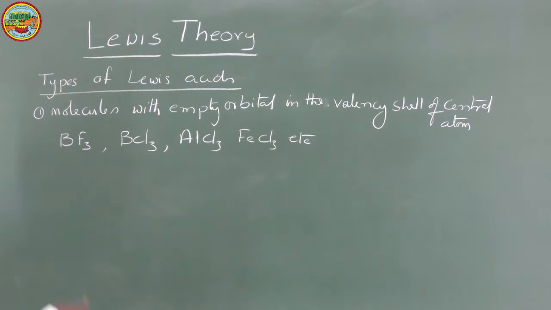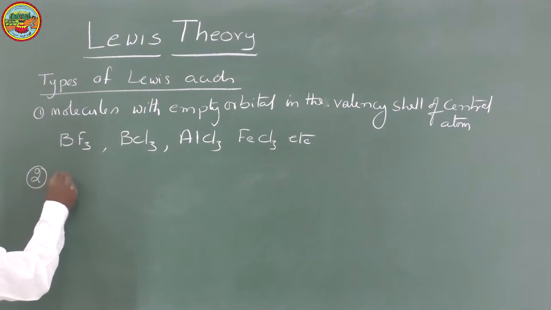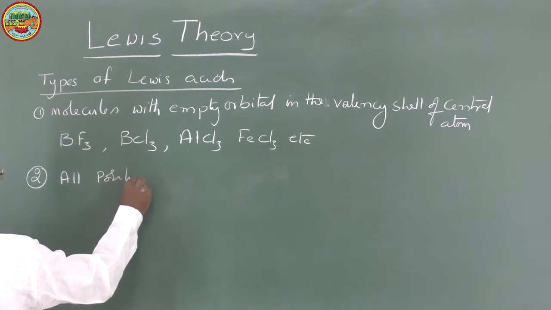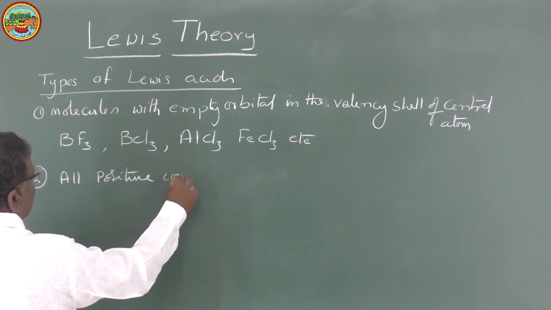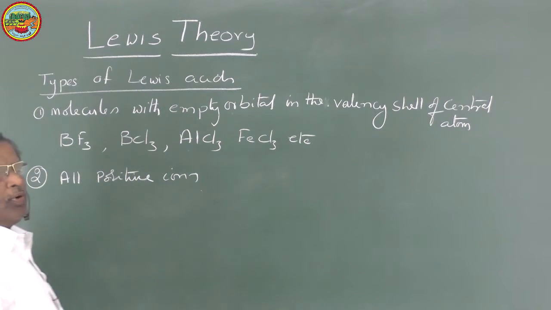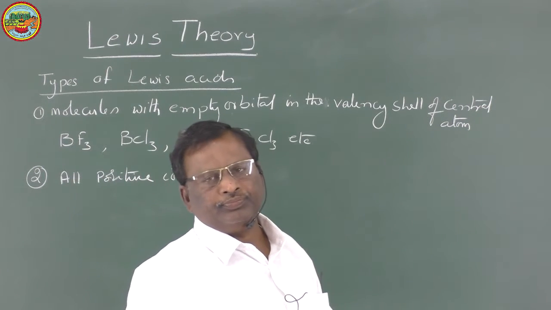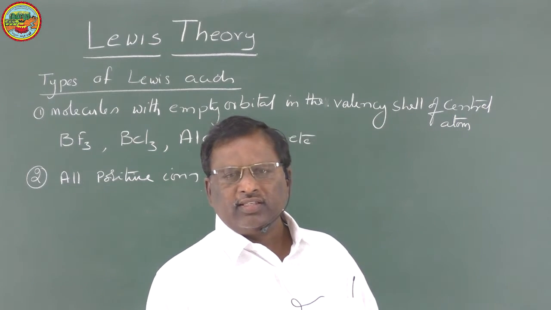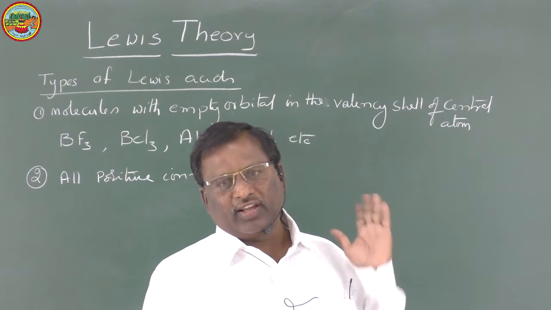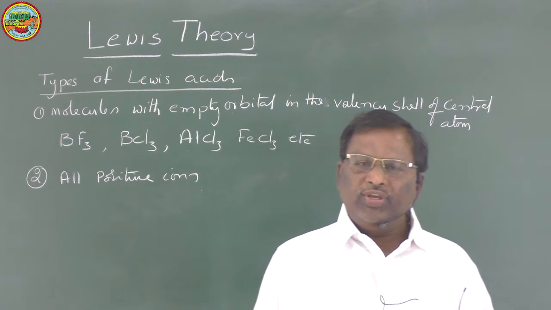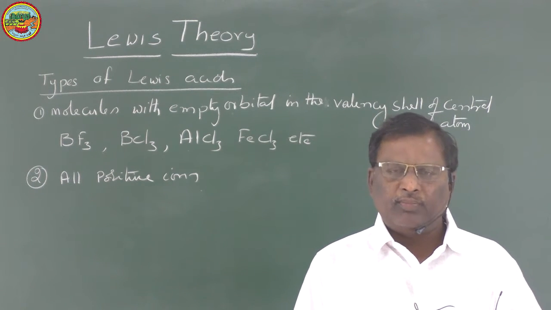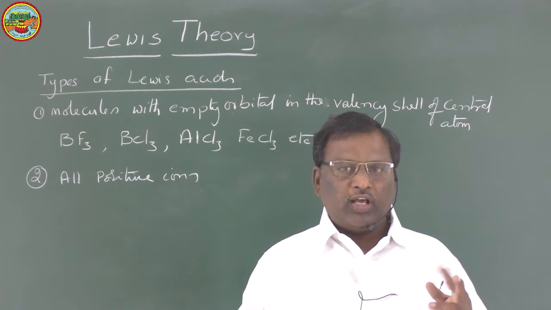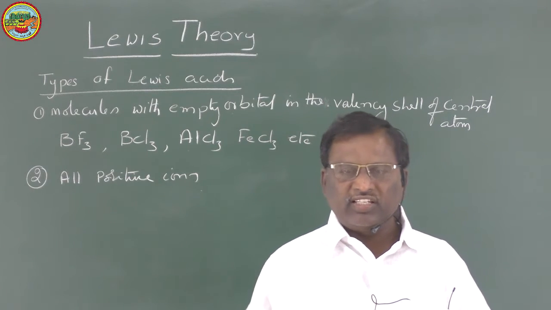Now, the second category of Lewis acids is all positive ions, including d block elements. All positive ions are considered as having an empty orbital, because a positive ion is obtained when an atom loses 1 or 2 electrons from its valence shell.